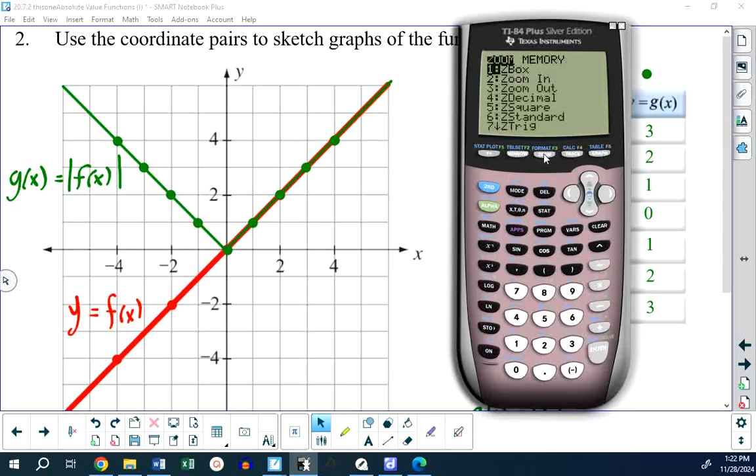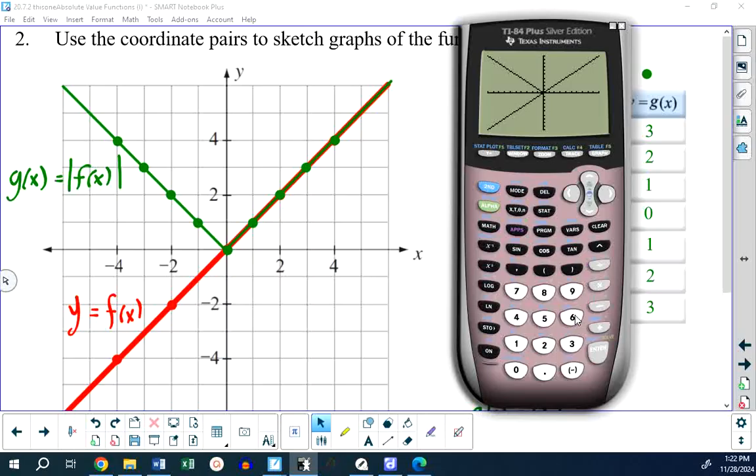When you go zoom standard, it will not look like it's at 45 degrees because zoom standard goes from negative 10 to 10 horizontally and negative 10 to 10 vertically. But your screen is not a square. Your screen is rectangular.